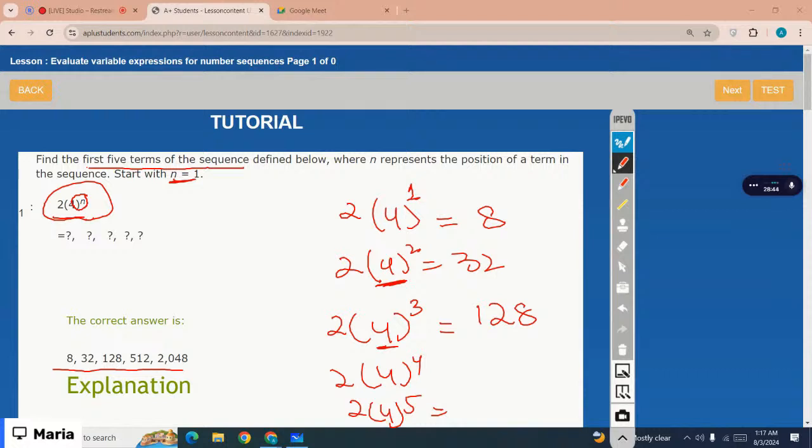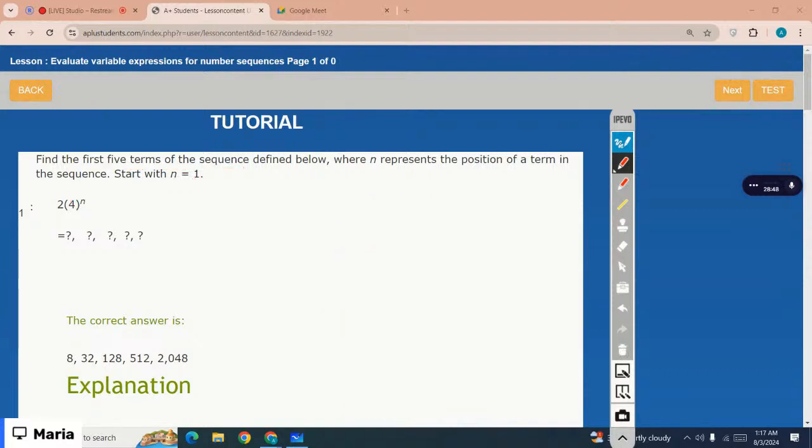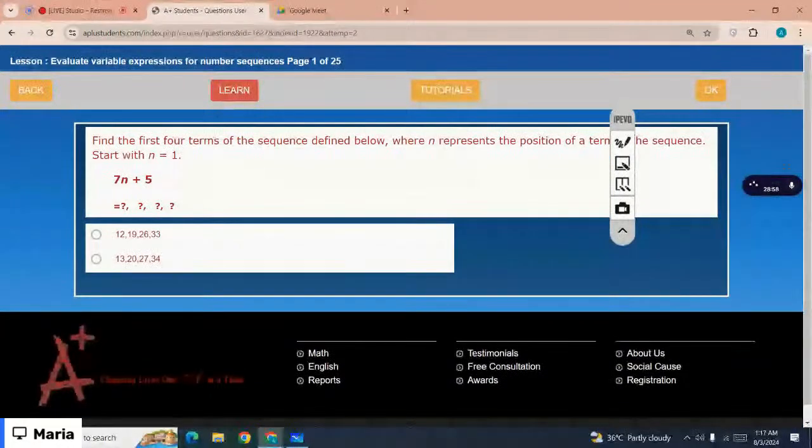Okay, let's start with the test questions. Okay, the first one is: find the first 4 terms in the sequence defined below, where n represents the position of a term in the sequence.